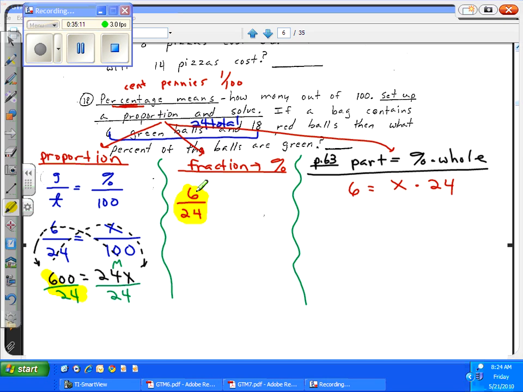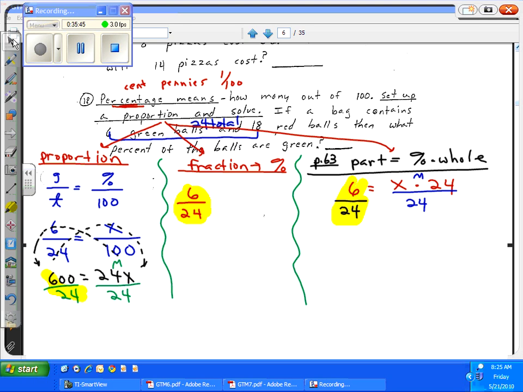And in a minute, we're going to shift the decimal, which is times 100. And right here in the algebraic one, we're going to undo multiplication by division. And there's your 6/24 again. So now, no matter how we solve it, we're going to come back to the same multiplying and dividing before it's all done, see?